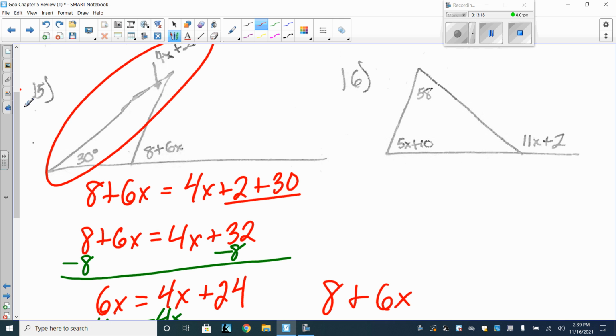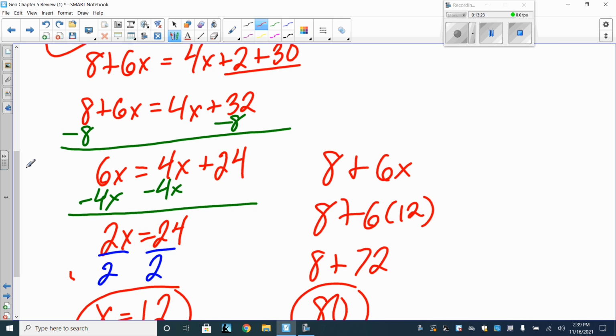Because they're the opposite interior angles. Yes.